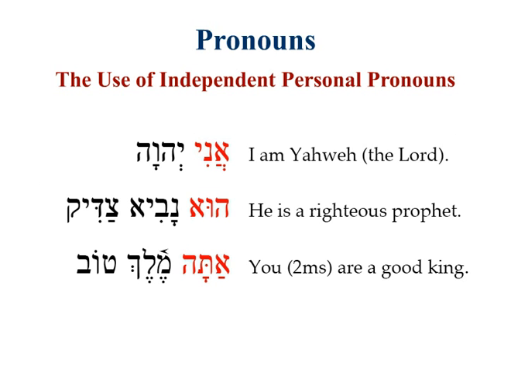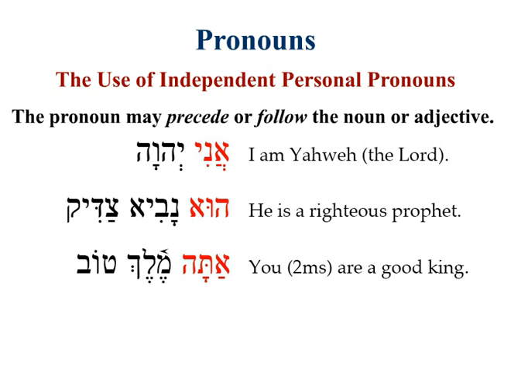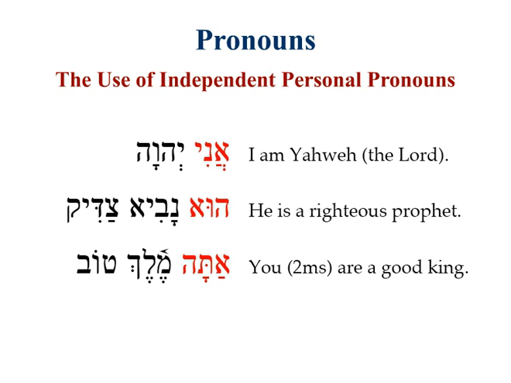We give several examples to illustrate how the independent personal pronouns are used with other nouns or adjectives in a predicative relationship. In terms of normal word order in a verbless clause, the independent personal pronoun may precede or follow the noun or adjective. As with the predicative use of the adjective, a form of the verb to be in the present tense must be supplied.